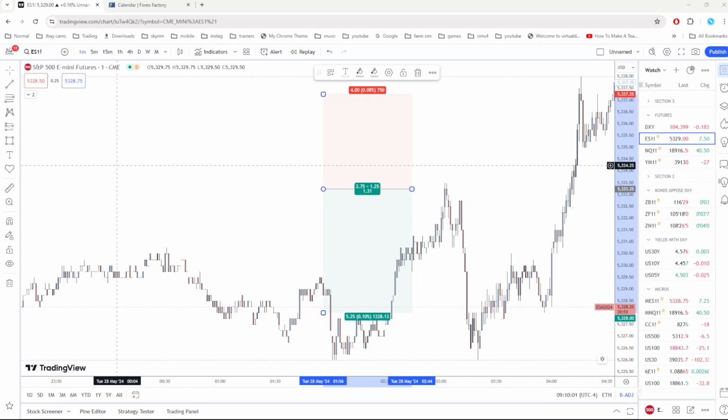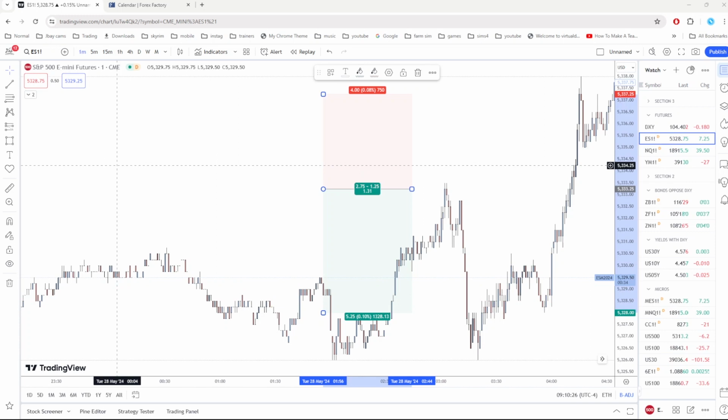And you can take that and you can use any PD array with that. You can use order blocks, you can use inversions, balance price ranges, breaker blocks, mitigation blocks, rejection blocks. You can essentially use any one of ICT's PD arrays with that mindset.